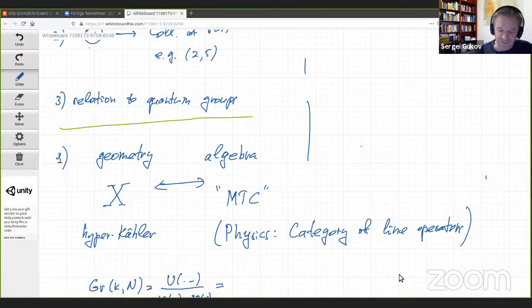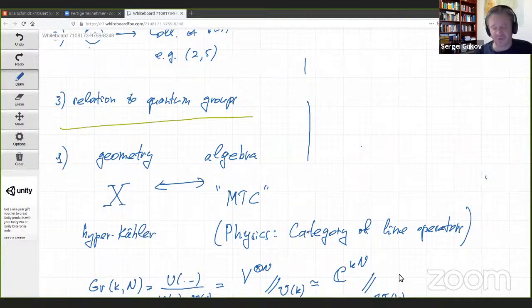So you take the space V to the n-th tensor power, and V is going to be the defining fundamental representation of U(K), so that this whole quotient is basically C to the dimension K times N divided by U(K), where U(K) acts in a natural way, but you also impose the moment map, so that's why the double slash notation.